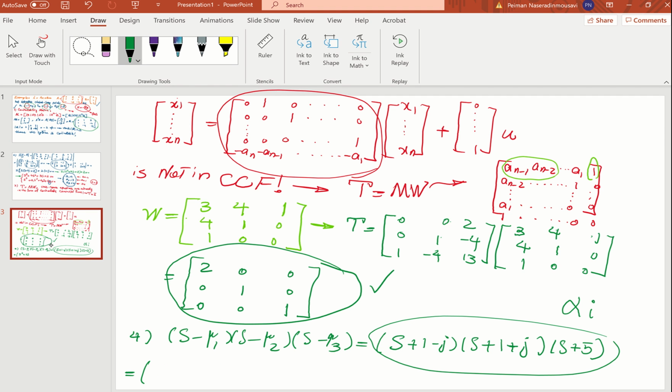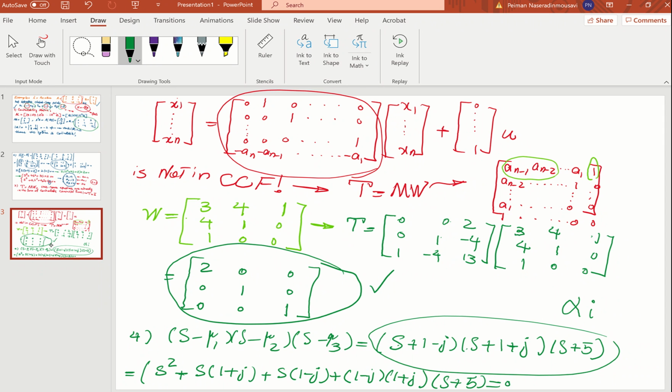Let me do one because you're going to ask me how you did it. On the other hand, it's going to be s squared plus s multiplied by 1 plus j plus s in 1 minus j plus 1 minus j in 1 plus j, in s plus 5 equals 0.